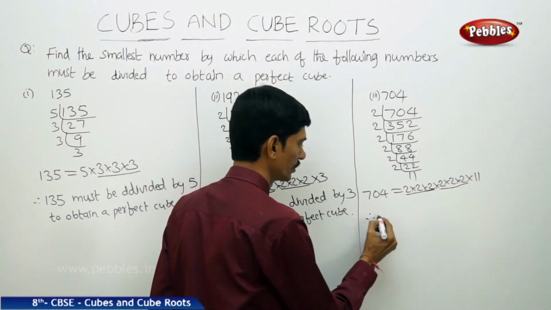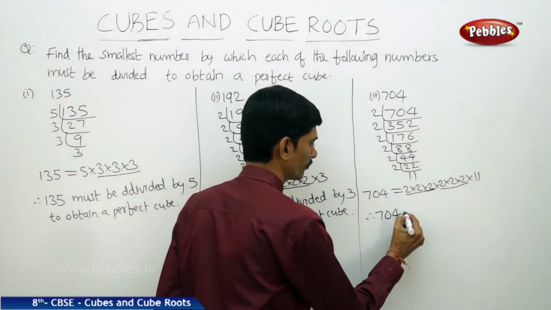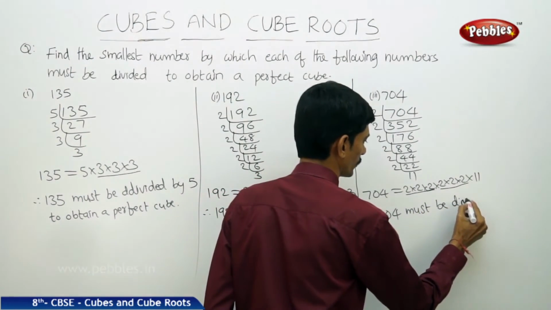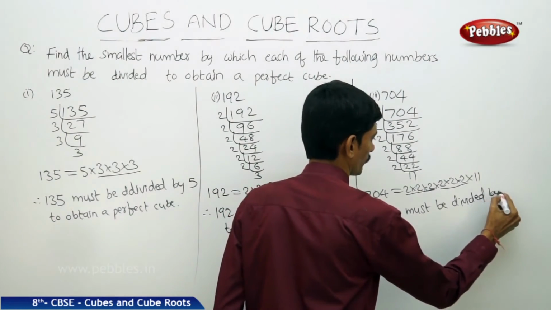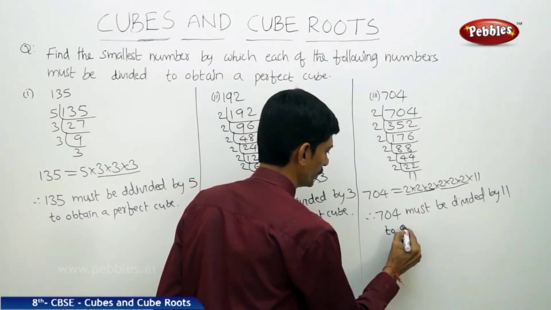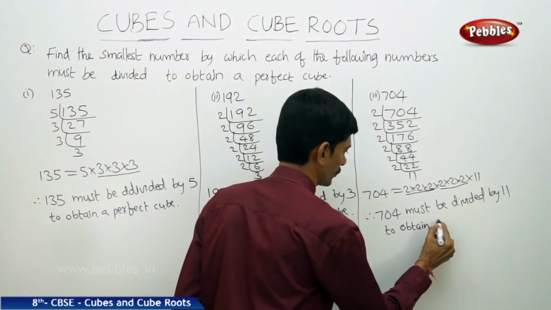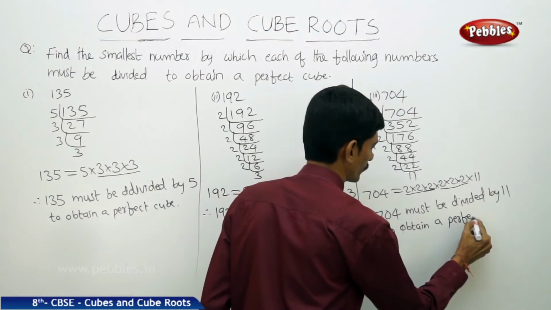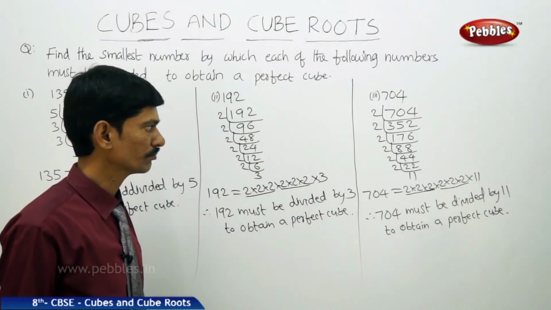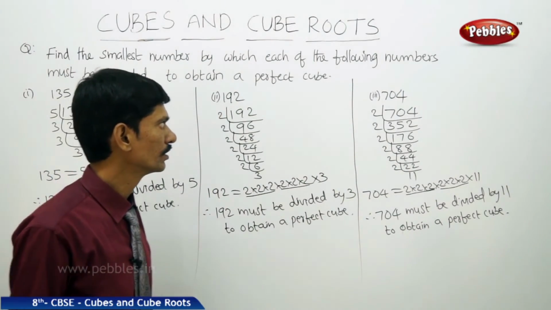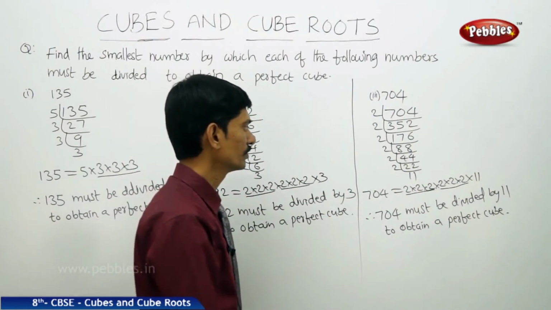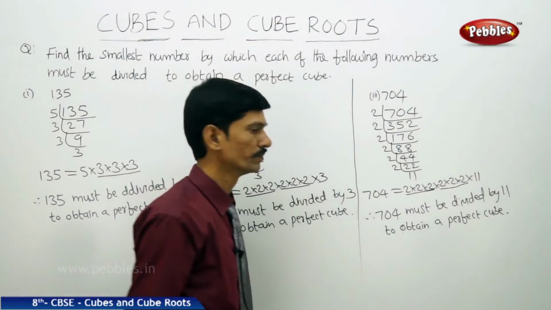So therefore we can write that 704 must be divided by 11 to obtain a perfect cube. Means 11 is the smallest number that 704 should be divided by to make it a perfect cube.